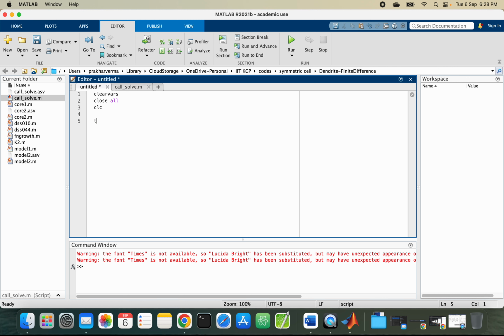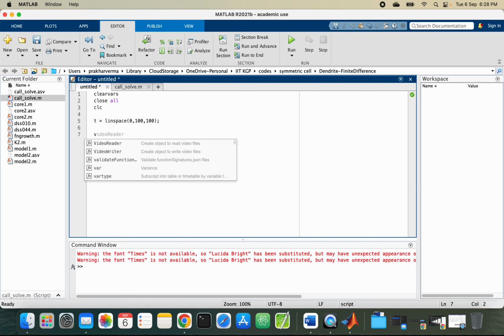Now let us define time, since we'll be plotting against time. Let us say time t, distributed from 0 seconds to 100 seconds, with 100 points. So this is our time. Now we have to write the function for our voltage. So V is equal to, we have already calculated the function V, that is 24 minus 41 divided by 2.